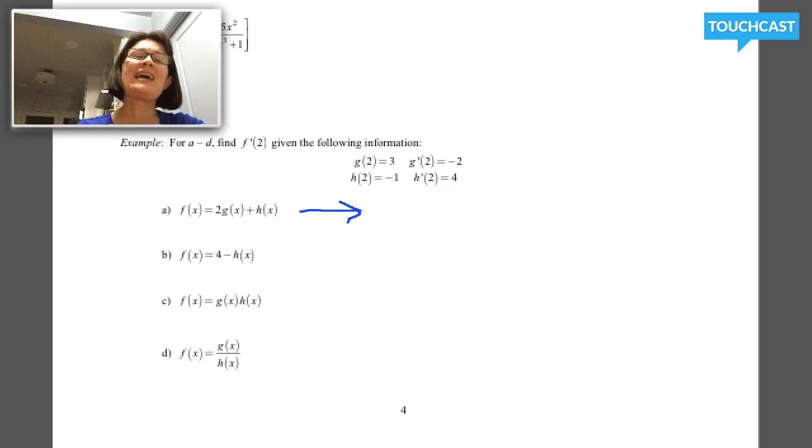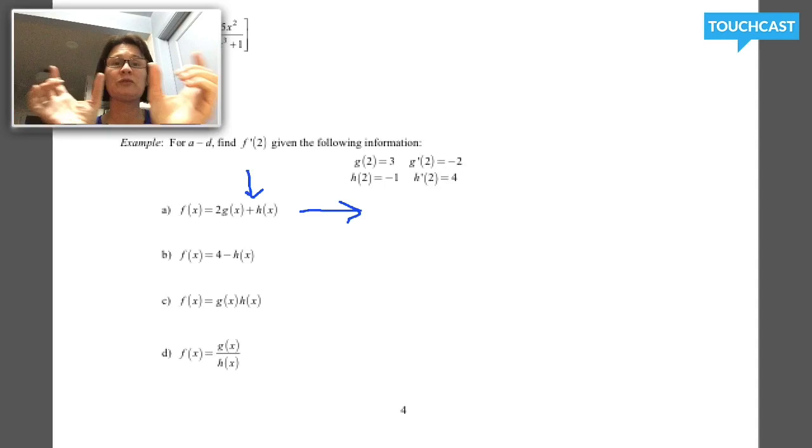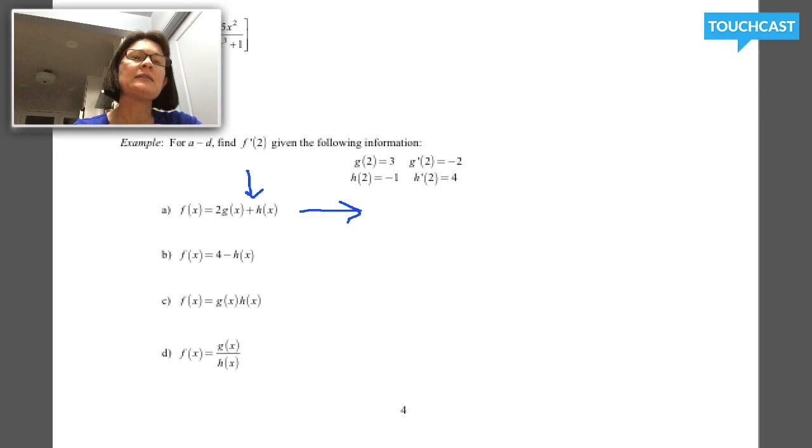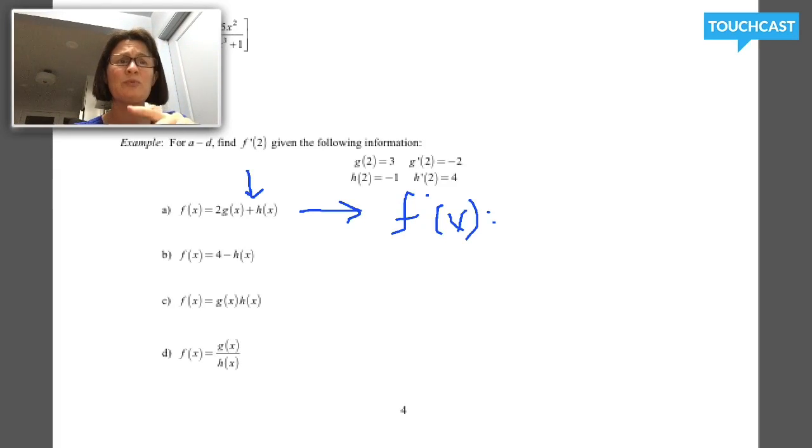If f of x is 2 times g of x plus h of x, I see a sum. So I know I can take the derivative of f by adding together the derivatives of the 2 addends in this sum. And I see that the derivative of 2 times g of x, well, that 2 is a constant multiplier.